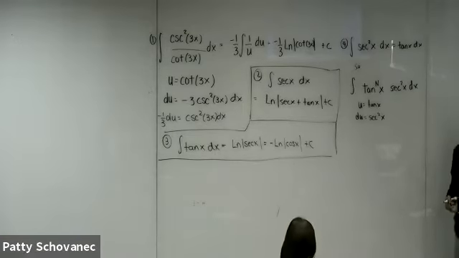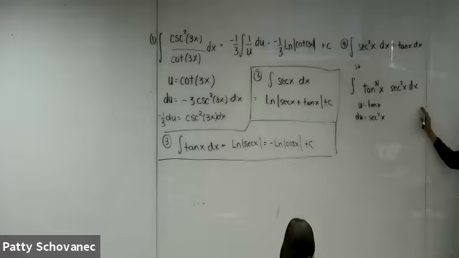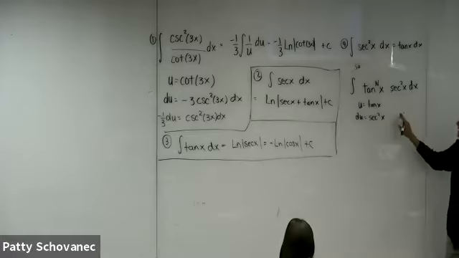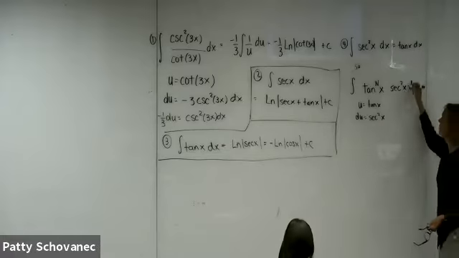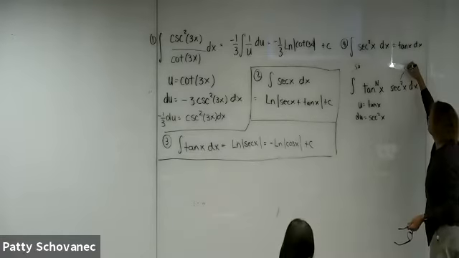Does that also apply for any even secant? Even secant should follow the same pattern. Any even secant, I would be able to get a secant squared out of it, leaving me with even secants to get rid of with Pythagorean identity. So u is tangent of x if this is secant squared, or if this is any even number here.